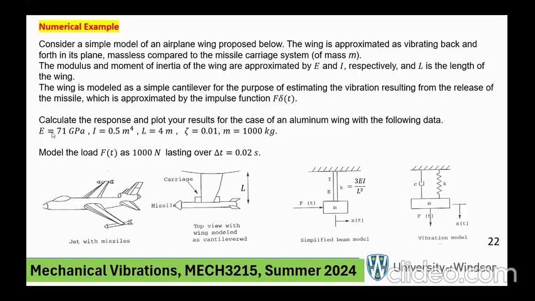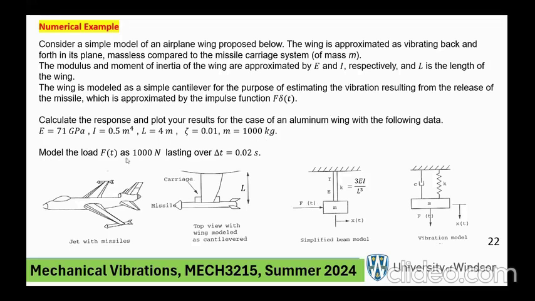Some information is given here about the values of these things. For example, this is for aluminum, length of the wing 4 meters, and we're assuming a damping ratio of 0.01. The mass of the missile and the missile carrier system is 1,000 kilograms.